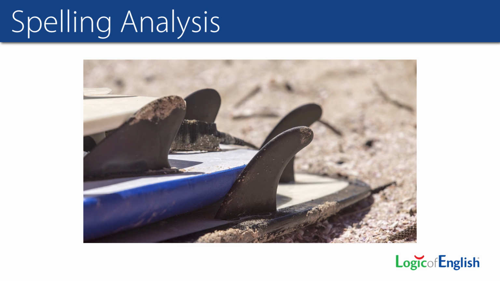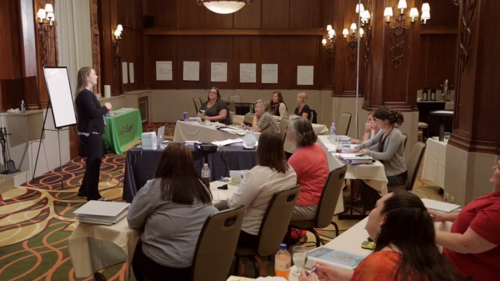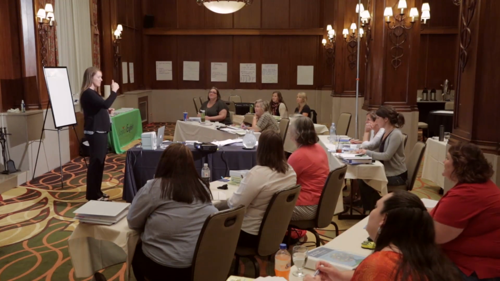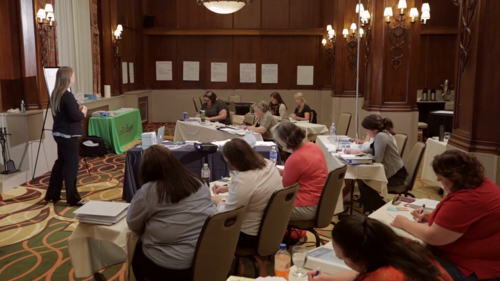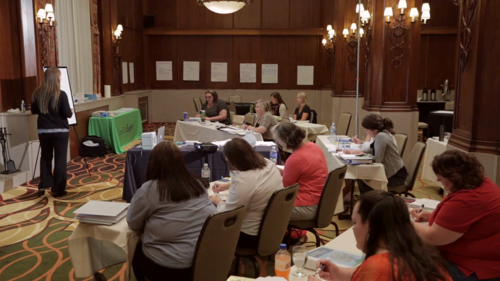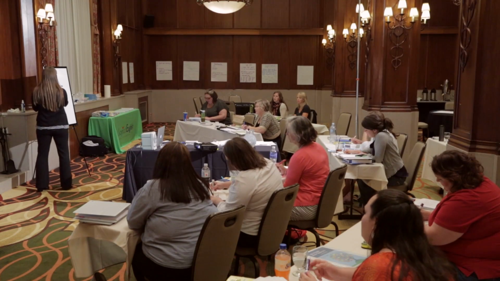The next word is skeg. The skeg, located at the back of the surfboard, helps to improve stability. Skeg. Let's sound it out. Use the sk. And go ahead and help me write it.